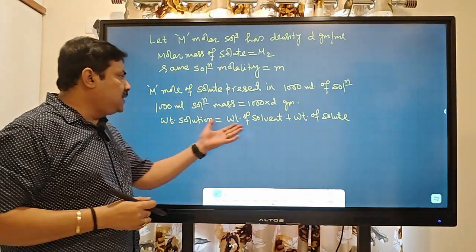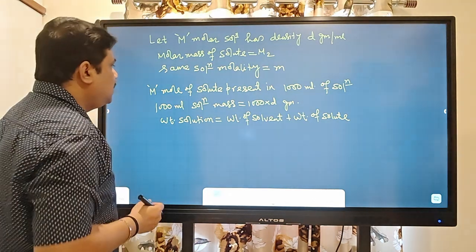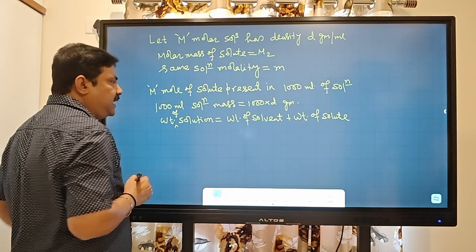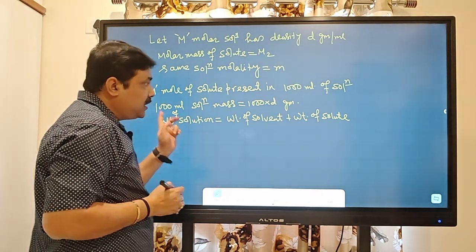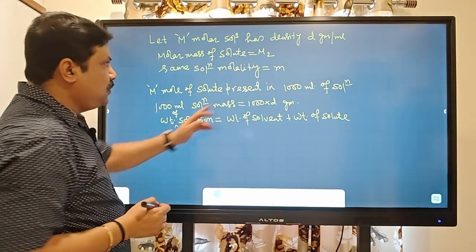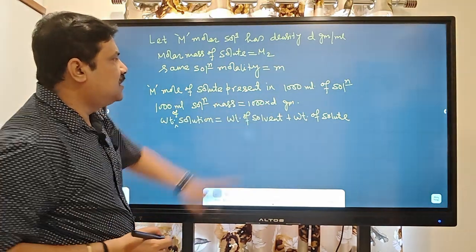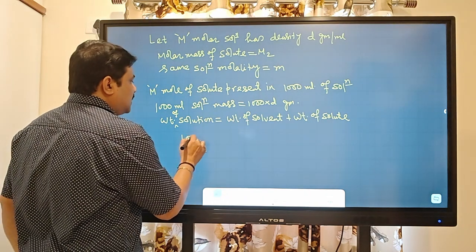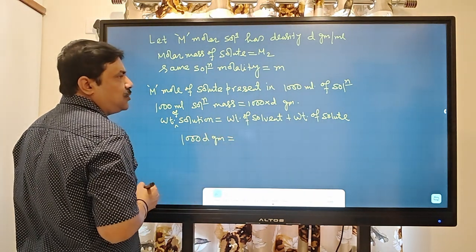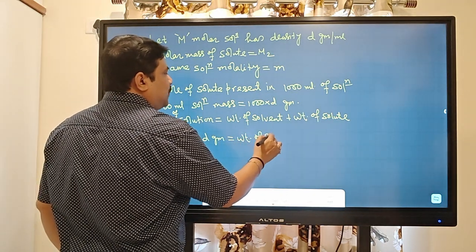So weight of solution means weight of solvent plus weight of solute. Then weight of solution we got how much? 1000 ml of solution weight or mass is 1000 into d gram. Then weight of solvent I need to find out.